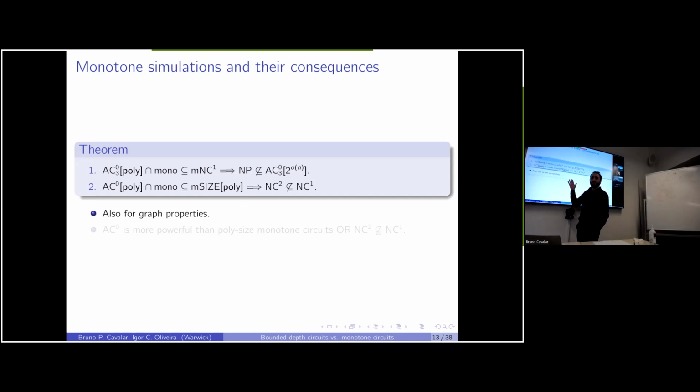So if you could show something like what Rossman showed for graph properties preserved under homomorphisms, you could phrase that in an interesting way: one of the following two things is true, either NC2 is not contained in NC1, or AC0 is more powerful than polynomial size monotone circuits. I personally think both of them are true, but maybe the first one is easier to prove.